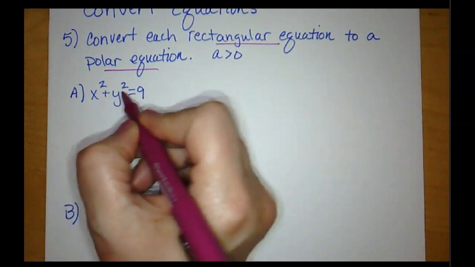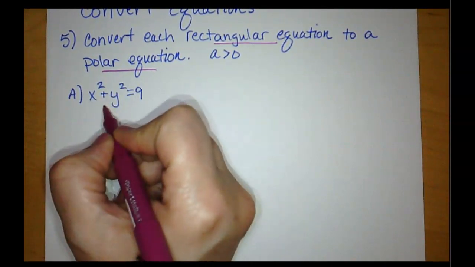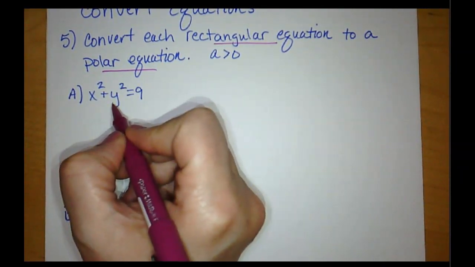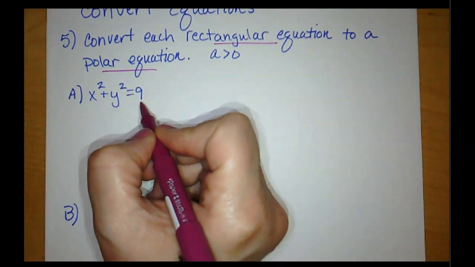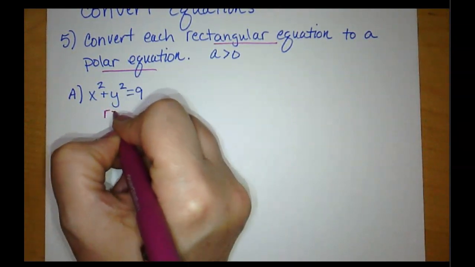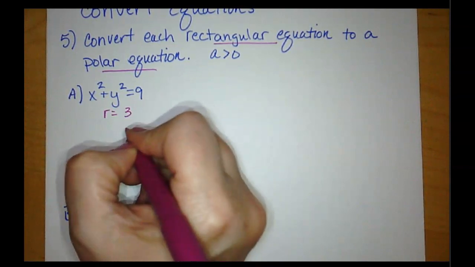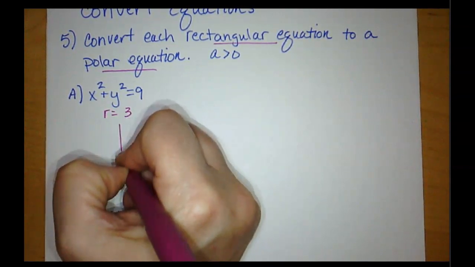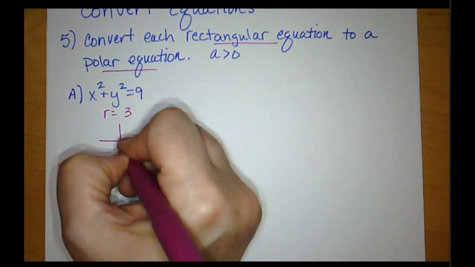So right here, x squared plus y squared equals 9. That tells me that the x and y is at the origin, and what's the square root of 9? 3. So that tells me the radius of this is 3, which means we have to be talking about a circle. So we're talking a circle at the origin.